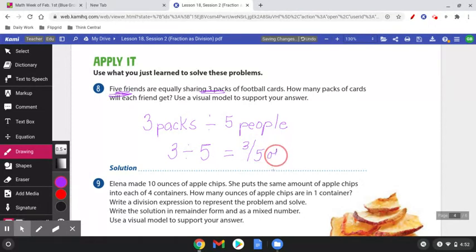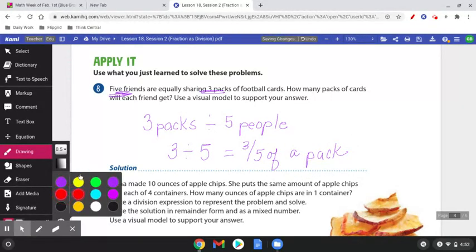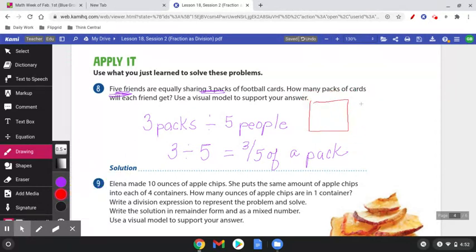Now it does say that we want to have a visual model of that. Okay, so for a visual model, we can start with 3 packs. And we're going to divide our packs among 5 friends. So they're each going to get 1/5 of each one of these packs.